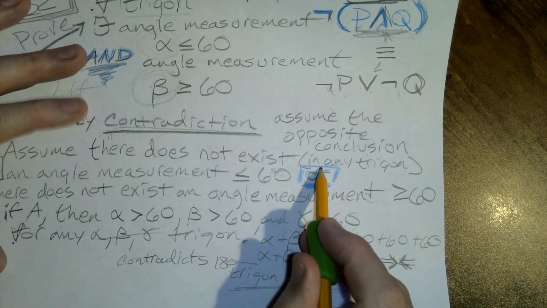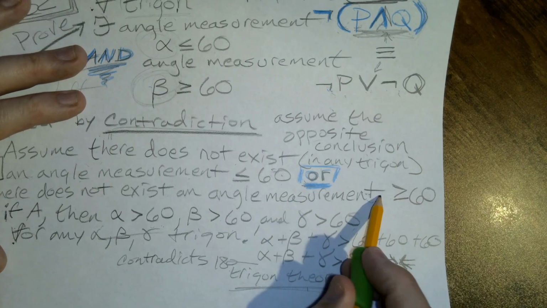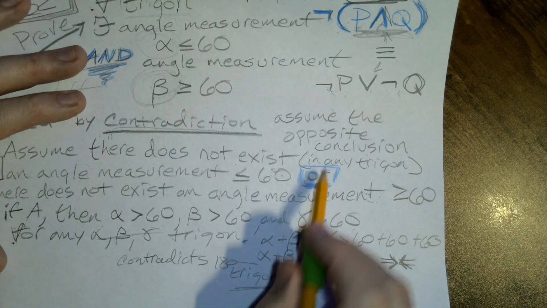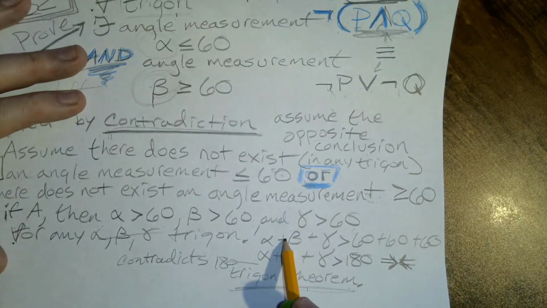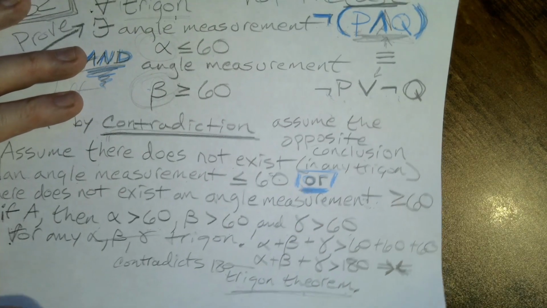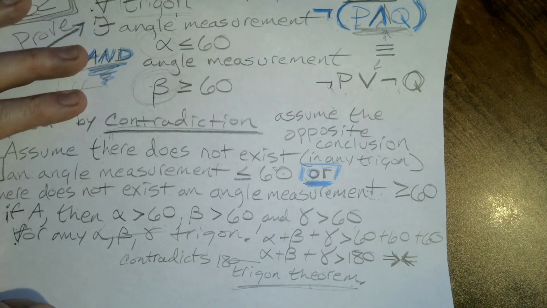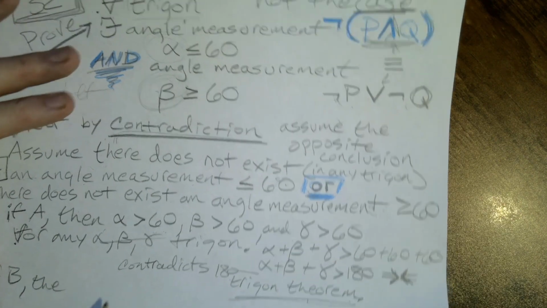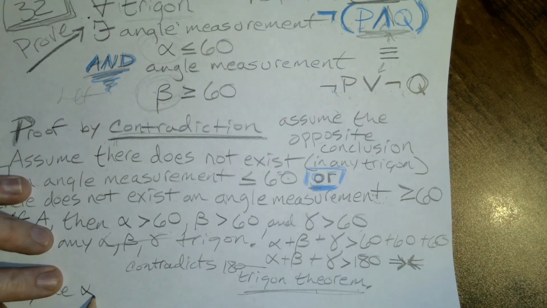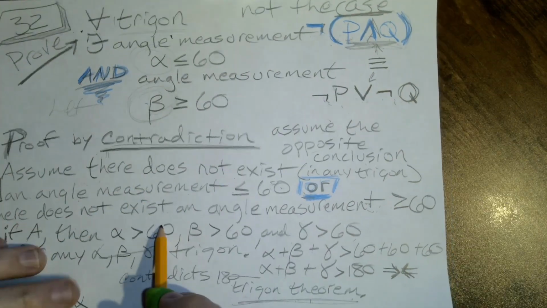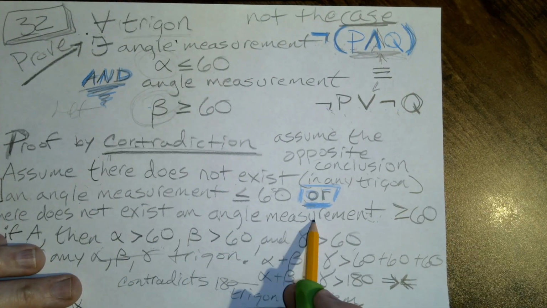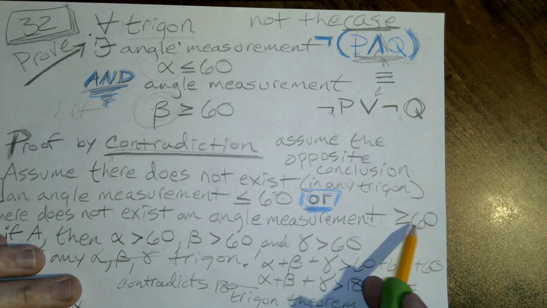So all we have to do is check the other condition here, the other part of the disjunction. If we're talking about B here, we're talking about there does not exist an angle measurement greater than or equal to 60.